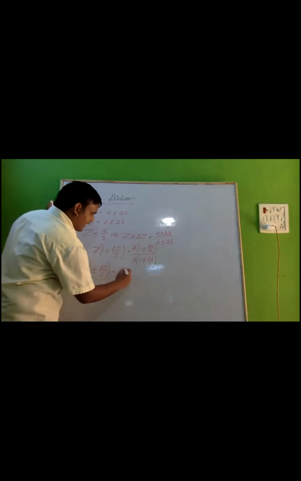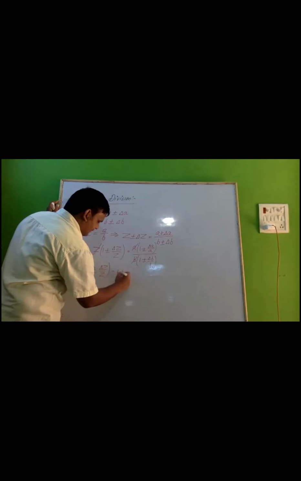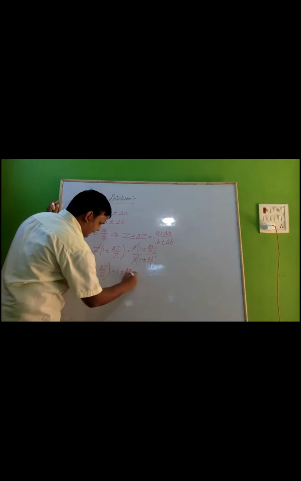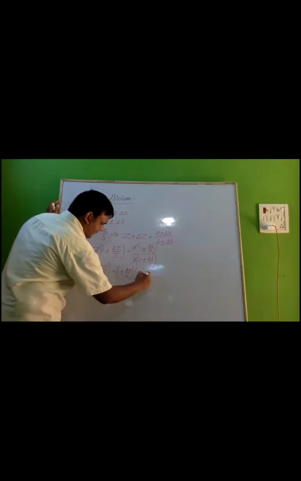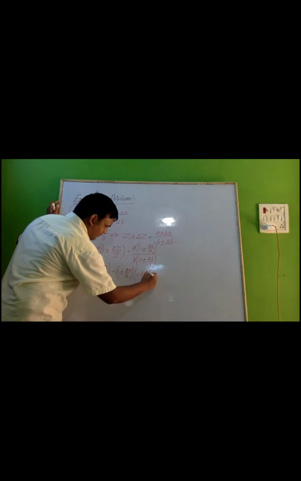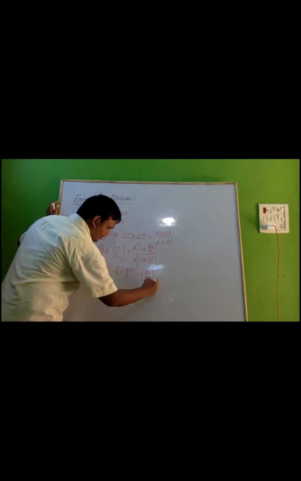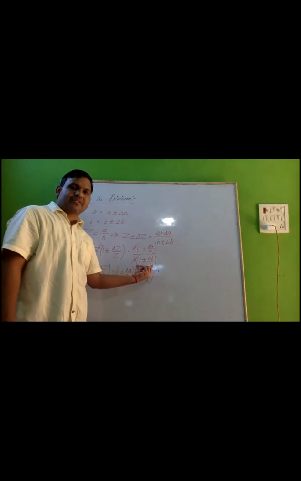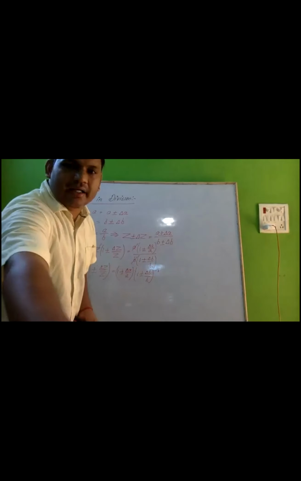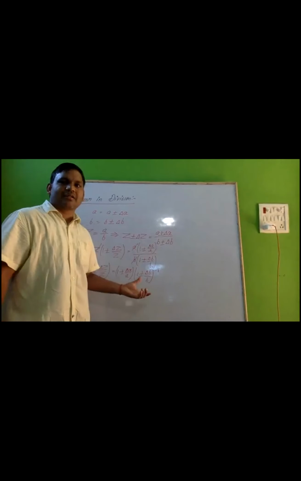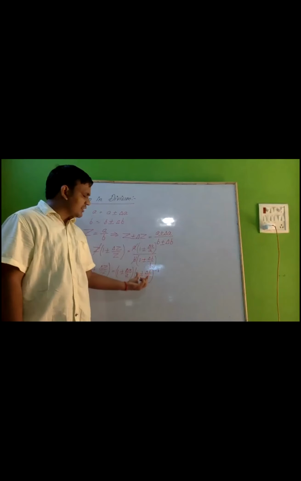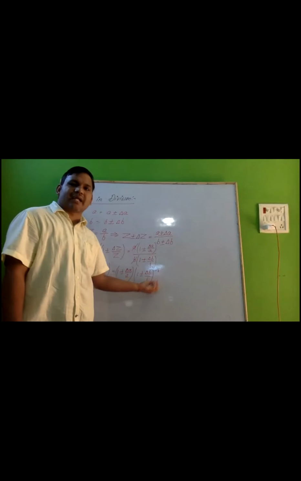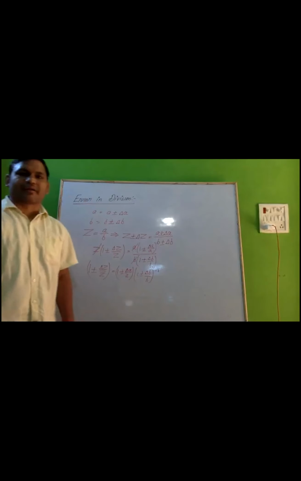So it can be written as 1 plus minus delta A by A, and it will be 1 plus minus delta B by B to the power minus 1. So this value is in denominator. So if you are willing to have it in numerator, we are just raising to the power minus 1 and it will come to the numerator. Okay?